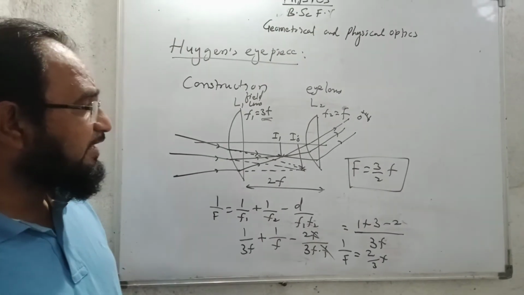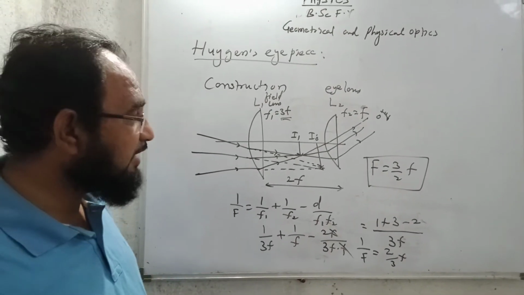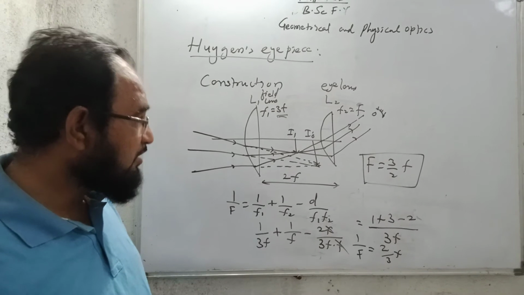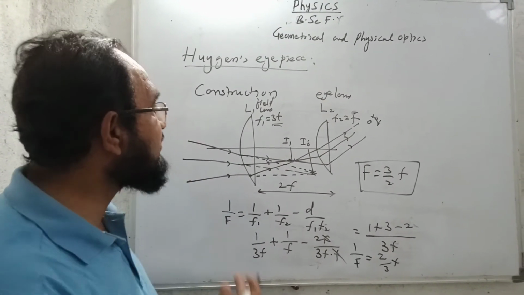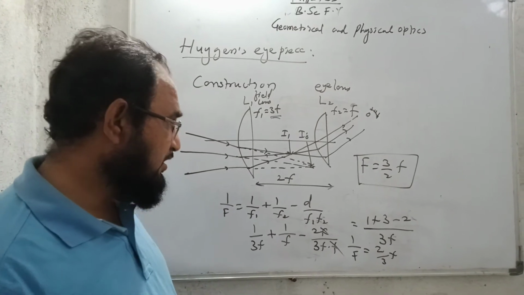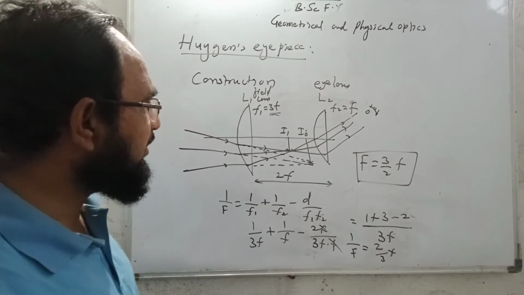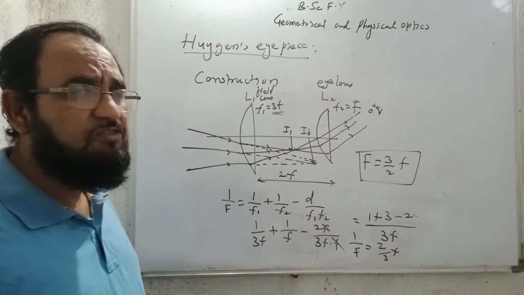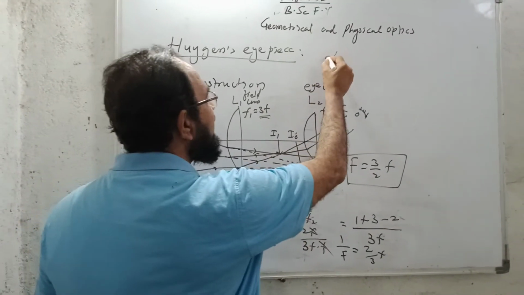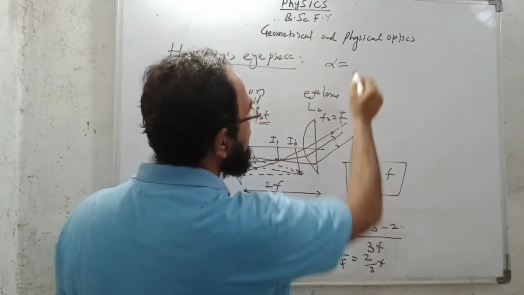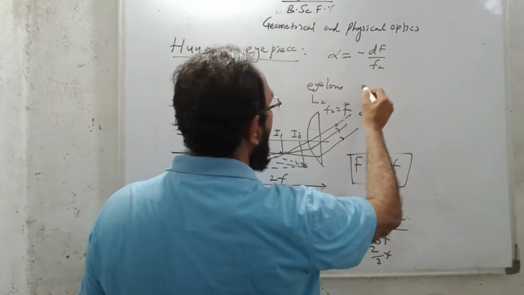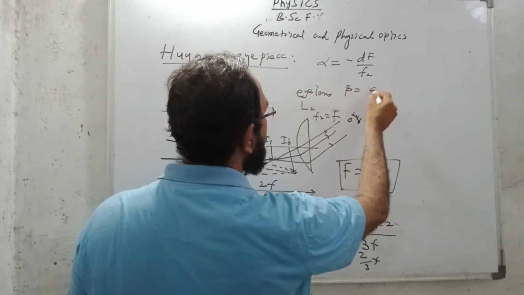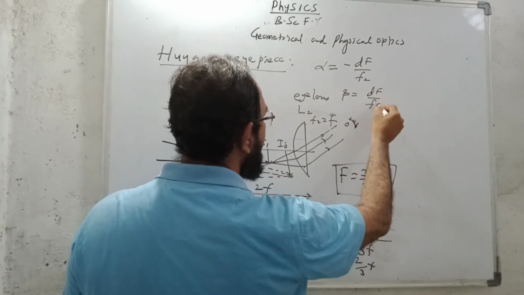Now after finding the equivalent focal length of the lens system, we can find the cardinal points of this Huygens eyepiece. To find the cardinal points, I will use the formula alpha is equal to minus df upon f2 and beta is equal to df upon f1.